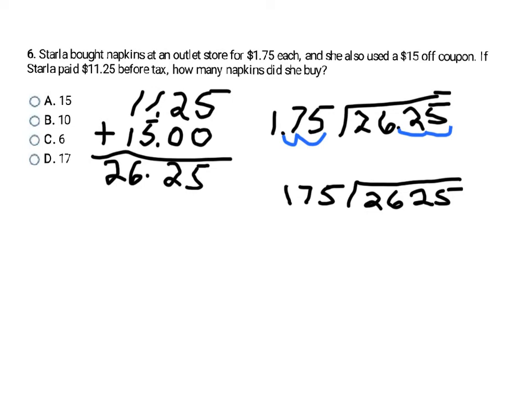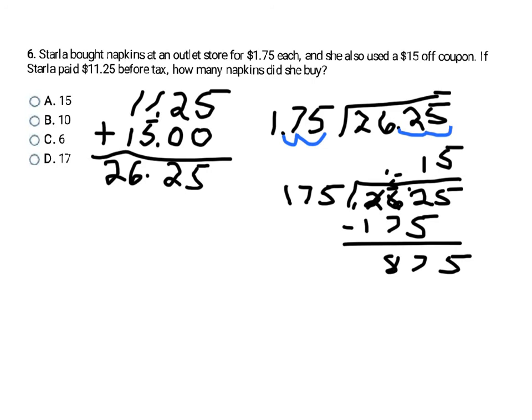So here 175 divides into 262 once. So 1 times 175 is 175, and then I subtract those, and I get that this is 87. And then I bring down my 5, and then 175 goes into 875 5 times.